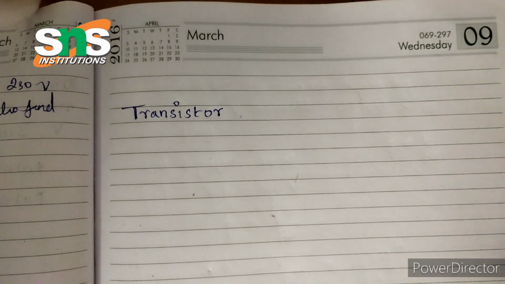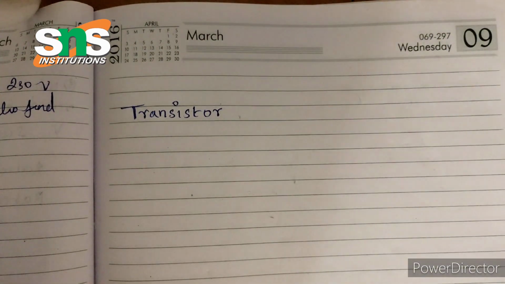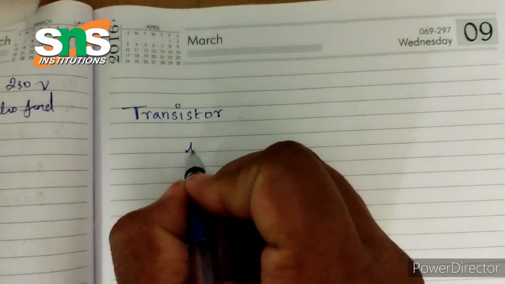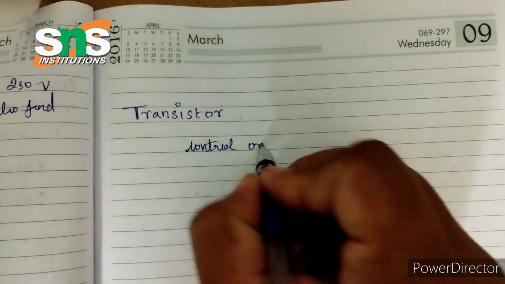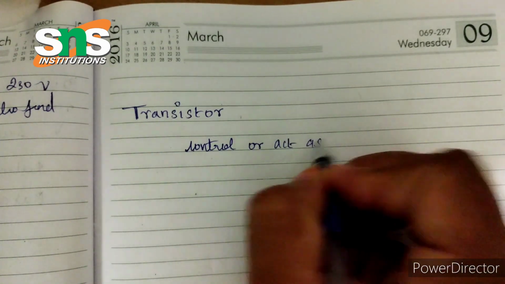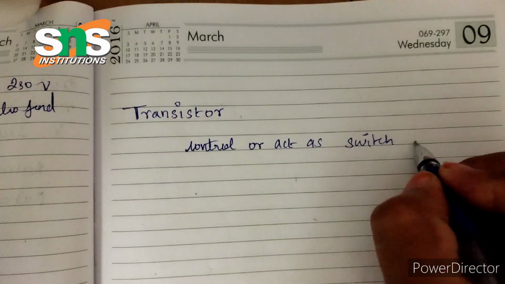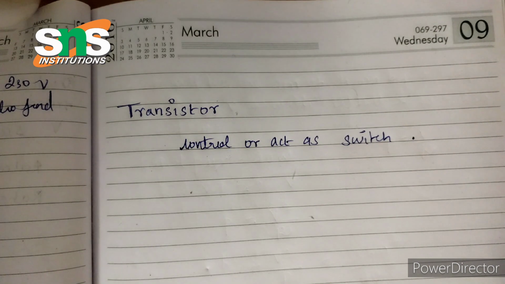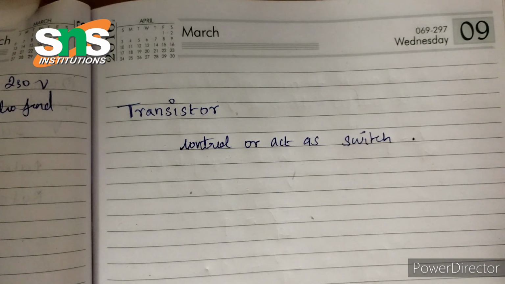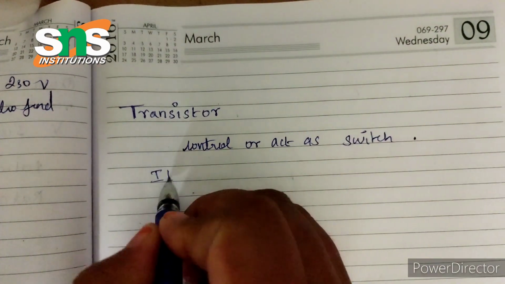A transistor always controls or acts as a switch. Trans plus resistor changes into transistor. It controls or acts as a switch, and it is a semiconductor device.